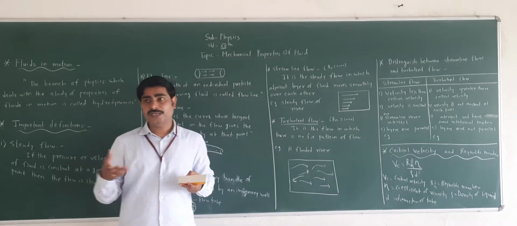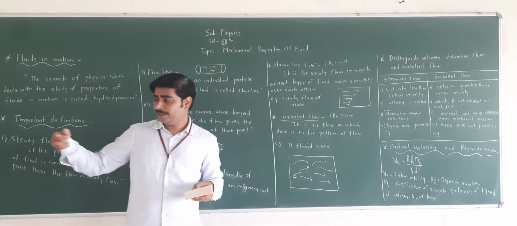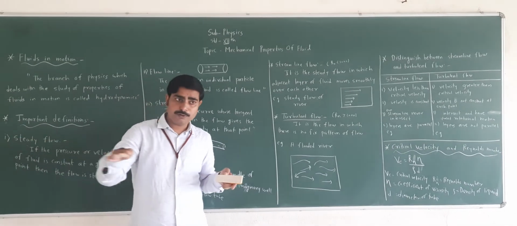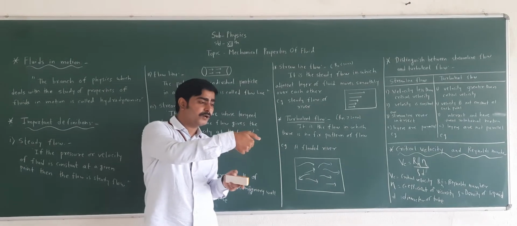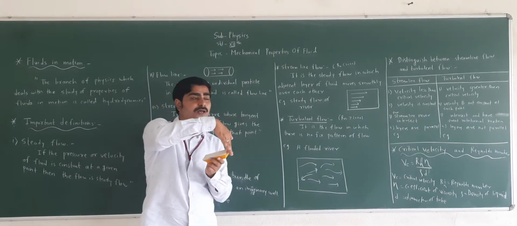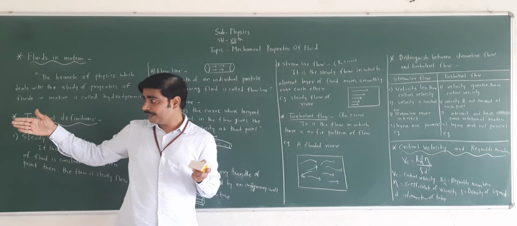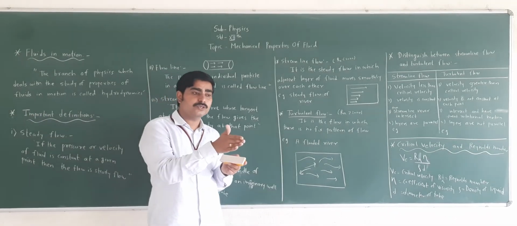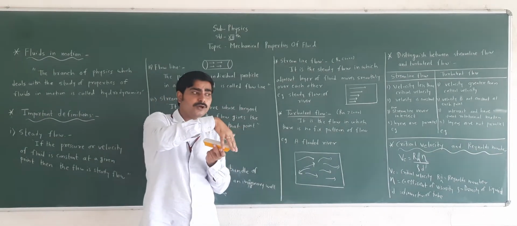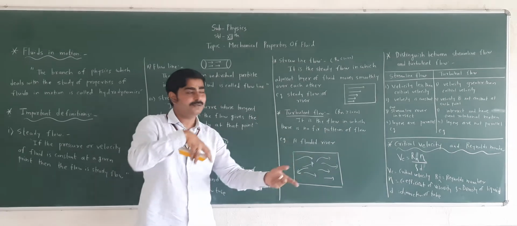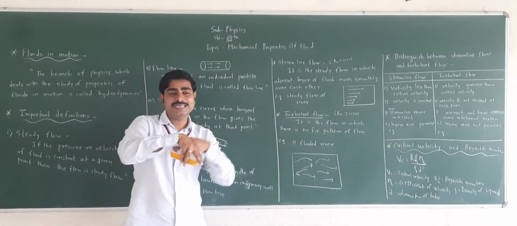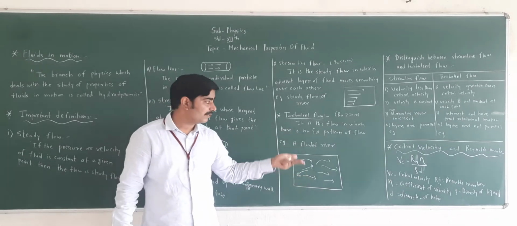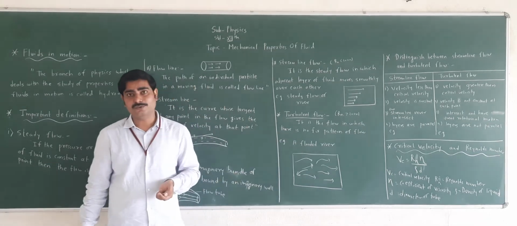Generally, we can take one example: water is flowing through a pipe, and we put our hand in front of the outlet. It is observed that through the pipe it moves with constant velocity, but when we put our hand, the water moves randomly, so we can say that the streamline flow is converted into turbulent flow. That is an example from our day-to-day life.